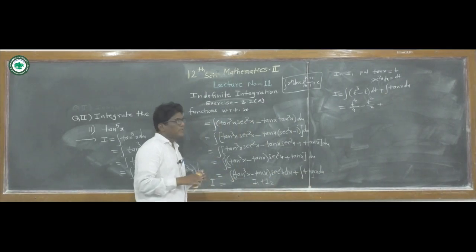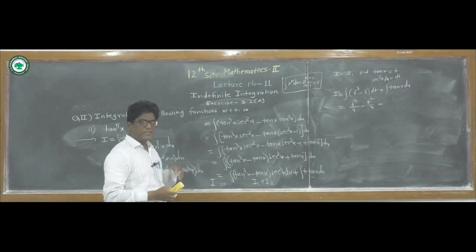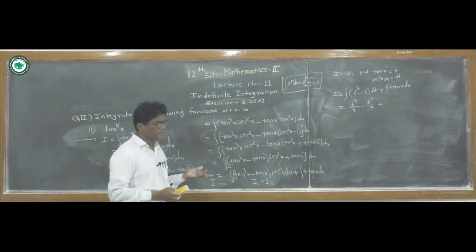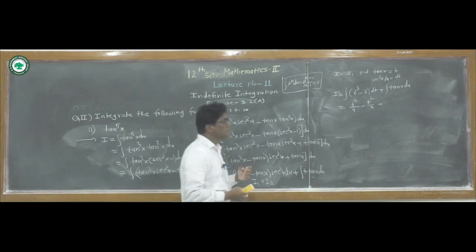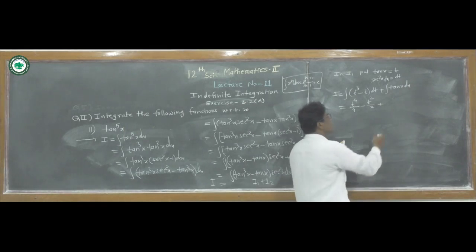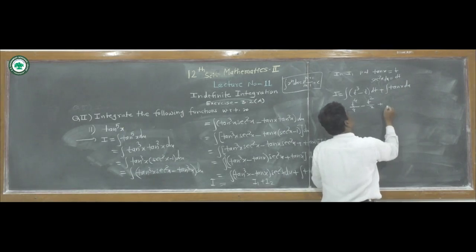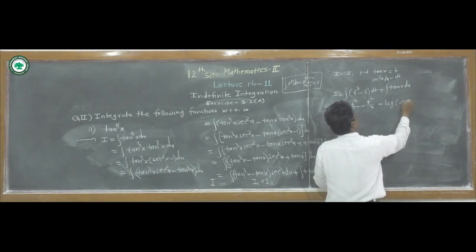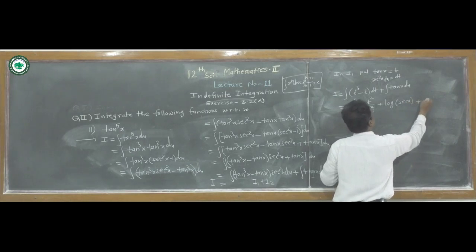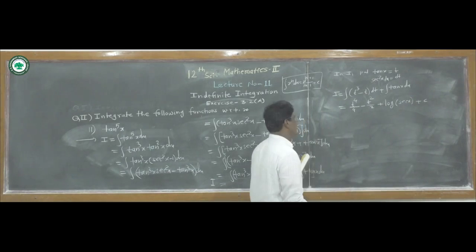We have proved here integration of tan x, integration of cot x, integration of sec x, and integration of cosec x. So we have integration of tan x as log of sec x, and now write here plus c as a constant of integration.